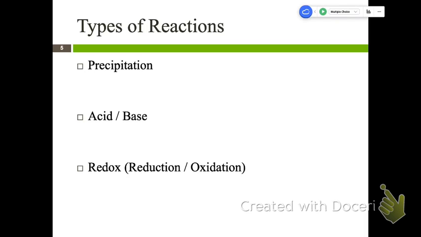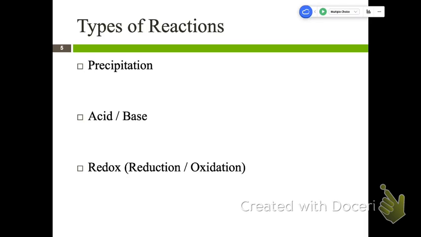The loss of an electron is oxidation, reduction is a gain of an electron, a transfer of an electron. Redox. Oxidation, reduction. And I just think that it's all of them except for double displacement.